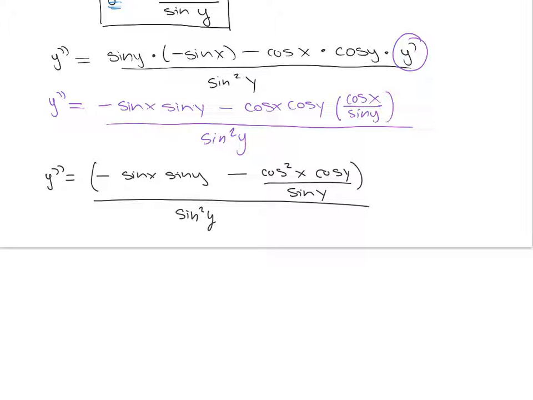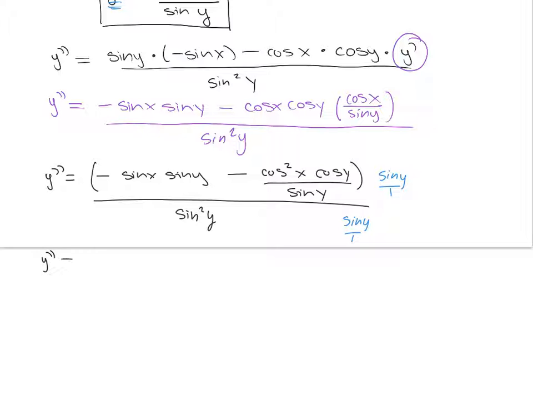Is that okay? All right, now there is a clever thing that you can do to get rid of the denominator in the numerator. What is it? Multiply by sine y. If you multiply the numerator by sine y, you also multiply the denominator by sine y. You're multiplying by sine y over 1 and sine y over 1, right?